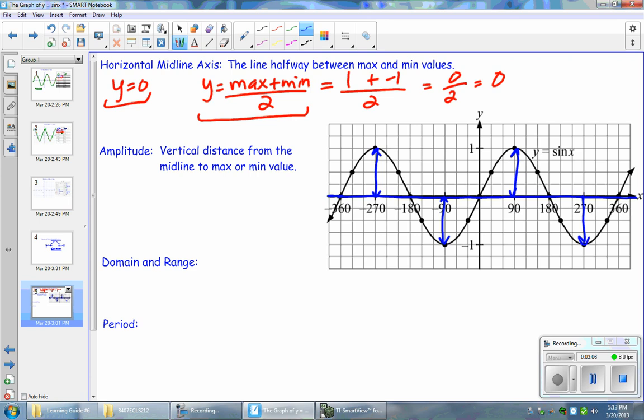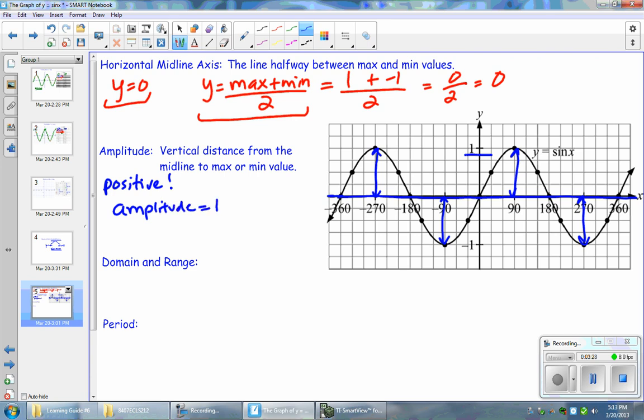And remember, it's a distance, so we're talking about a positive value here. So amplitude is going to be positive. So in this case, my amplitude is going to be 1. So we'll say amplitude is equal to 1.